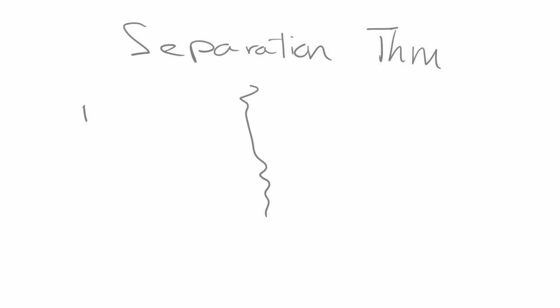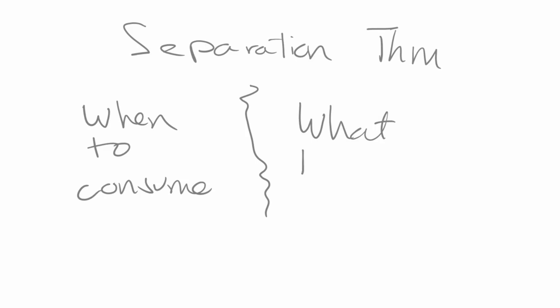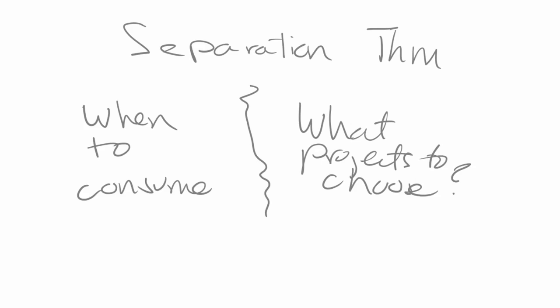First decision is when to consume, and the second decision is what projects to choose. This second decision is going to be made according to the NPV rule. The first decision is, well, that's just personal preference.